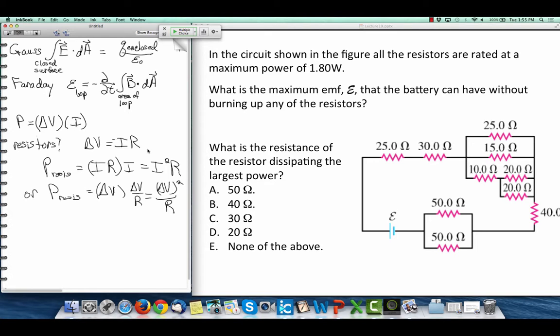Yeah. What are the subscripts for the P? Oh, sorry. I meant to say these are for resistors. This is the general description for power that's always true.